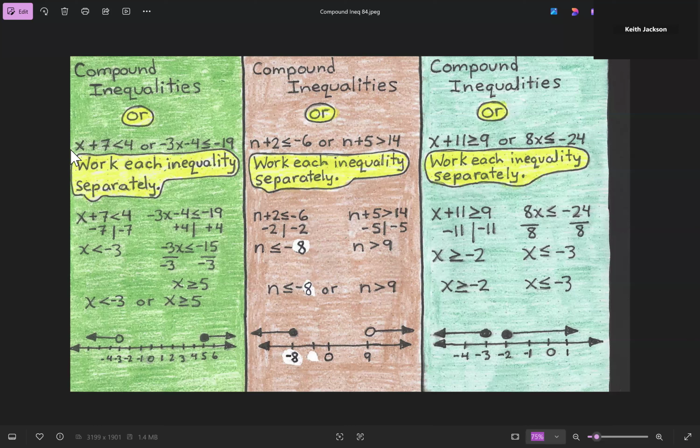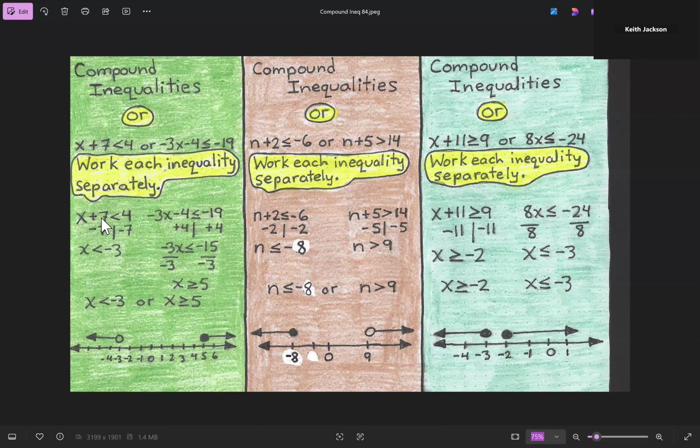In this case, we have x plus 7 is less than 4, or negative 3x minus 4 is less than or equal to negative 19. And so let us work out the first one first, in which we have x plus 7 less than 4. We're going to isolate this x by subtracting 7 from both sides.